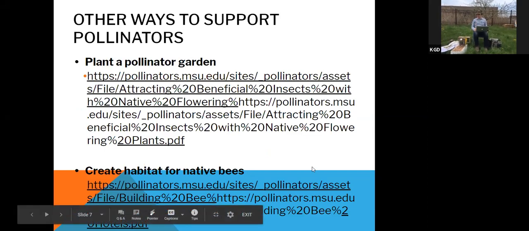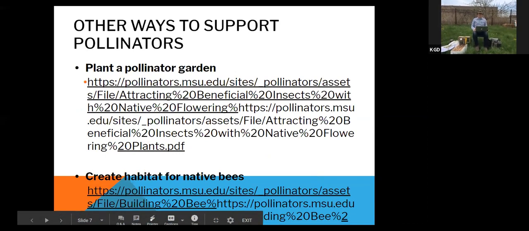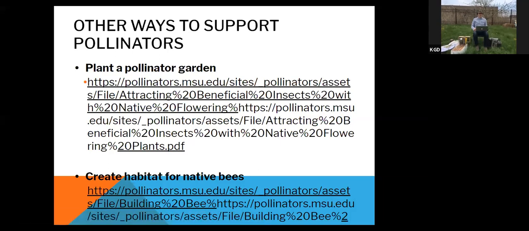I just put this in there because pollinators in general, as I mentioned at the beginning, are very important. And in case you got sticker shock at the last slide, there are other ways that you could support pollinators.